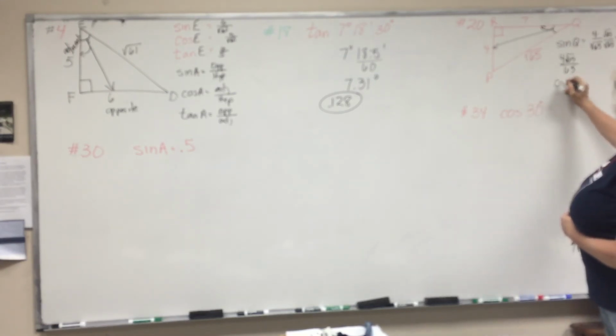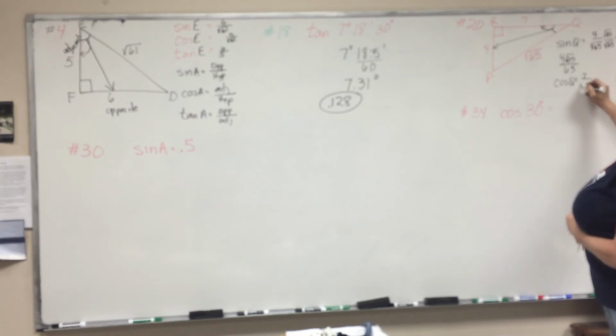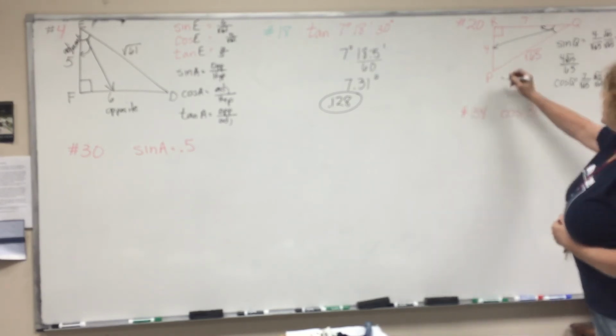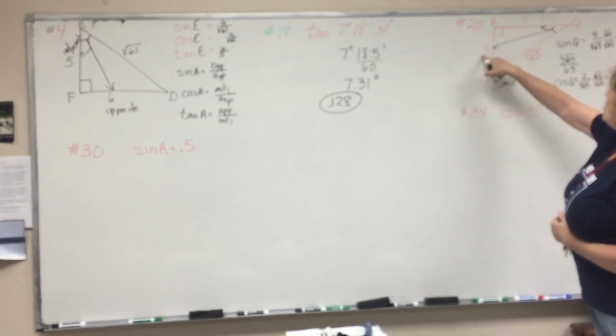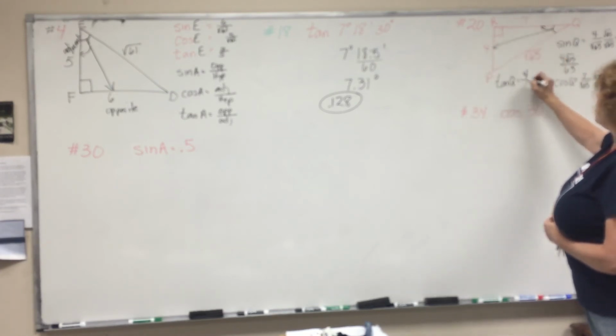And then the cosine of Q is going to be 7 over root of 65, and multiply top and bottom by root of 65, and you get 7 root of 65 over 65, and my tangent of Q is opposite over adjacent, so it's 4 over 7.